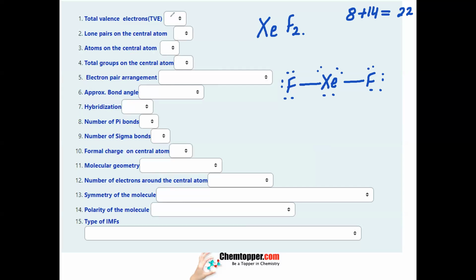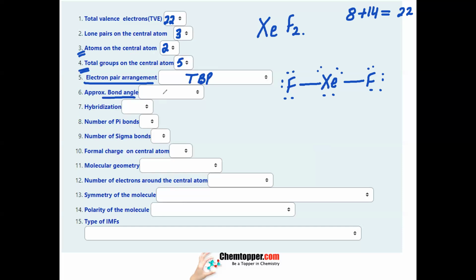So total valence electrons are 22. Lone pairs on the central atom are 3. Atoms on the central atom are, question number 3, 2. Total groups on the central atom are, EPA is, yes Anish, EPA, trigonal bipyramidal.